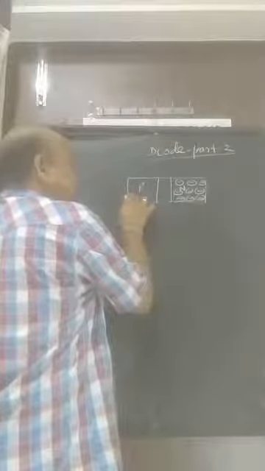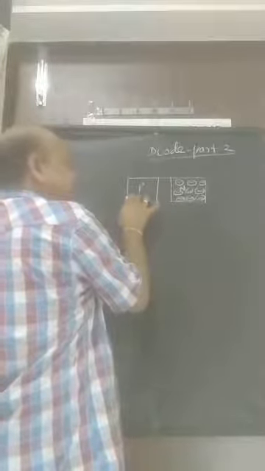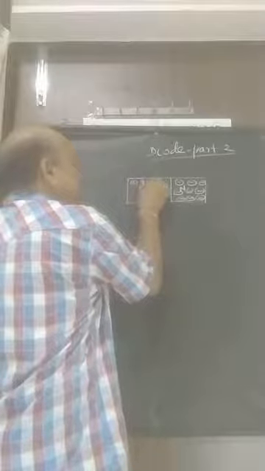So the majority charge carriers at this side are negatively charged electrons, while at the P side, due to the trivalent dopant added in a pure semiconductor, holes are created. So here are positively charged holes.